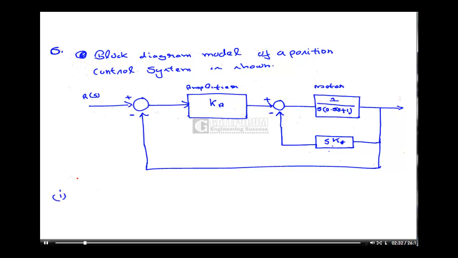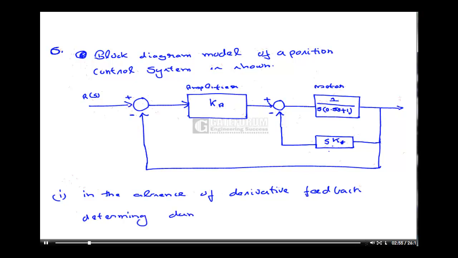The first part of this question: in the absence of derivative feedback, that means when S Kt is not present or when Kt is 0, determine the damping ratio when amplifier gain Ka is equal to 5.